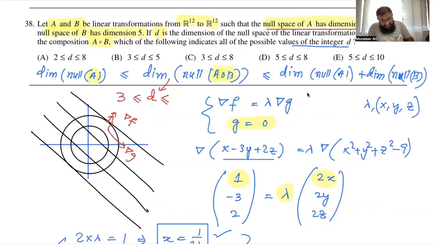And the dimension of the null space of A plus the null space of B is 3 plus 5, which becomes 8. So the dimension of the null space of A composed with B is at least 3, and at most 8. We are done. So at least 3. Is it 3? Yeah. And at most 8. Am I mistaken?